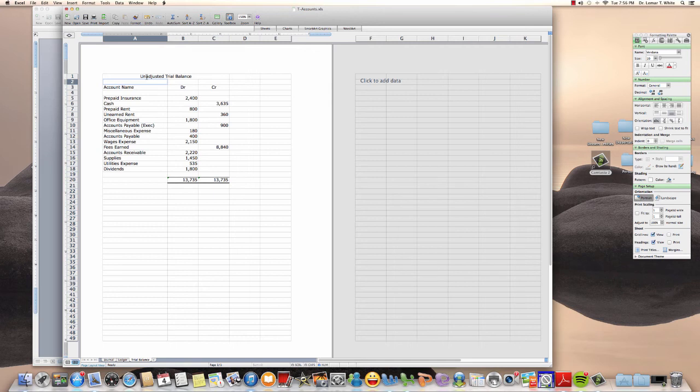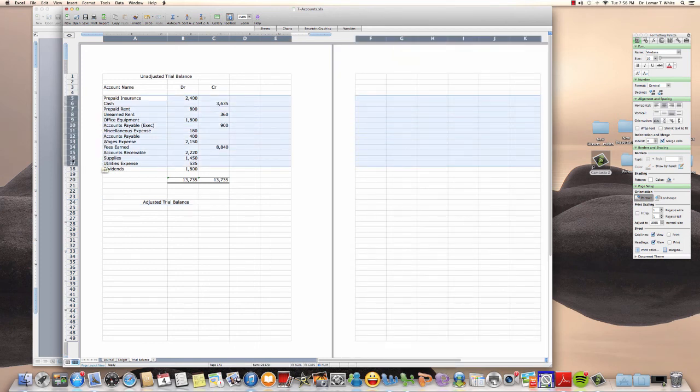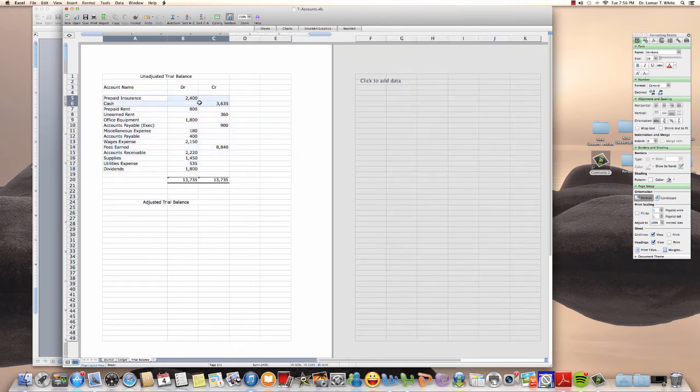Now that I've made my adjustments to the accounts that need to be adjusted, I'm going to write out all the balances again. So I'm going to copy all of these from here so that I don't have to retype them.